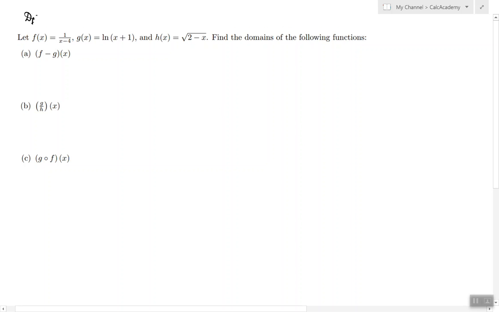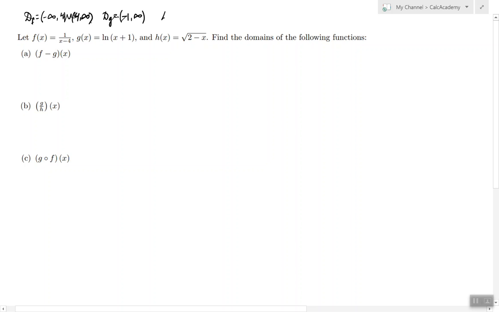The domain of f is all the x values except 4. So it can be written like this. The domain of the g function is all the values of x that make x plus 1 strictly positive. So that means x has to be greater than -1.